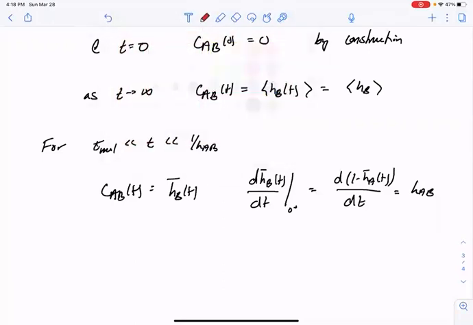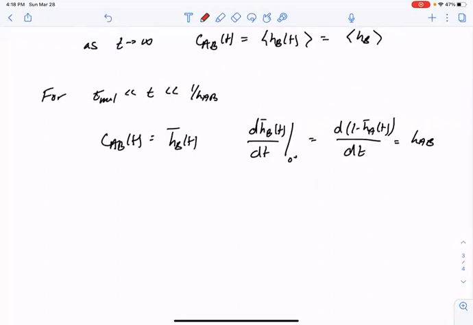So what we've just observed is that the rate constant, KAB, is related to the time derivative of this correlation function.